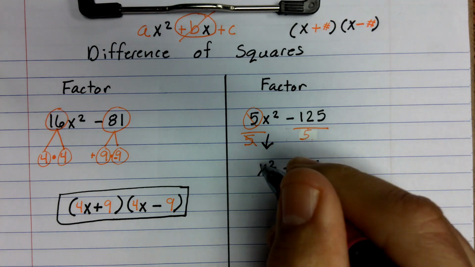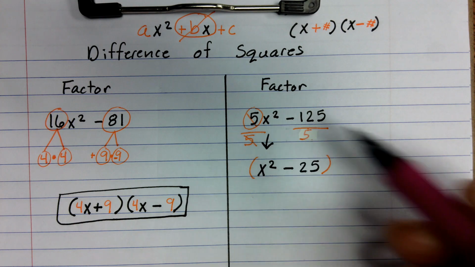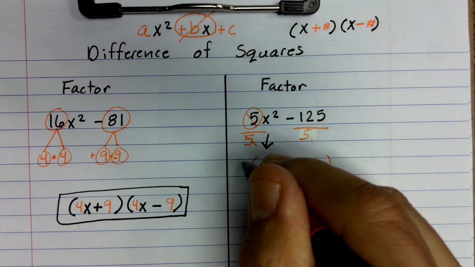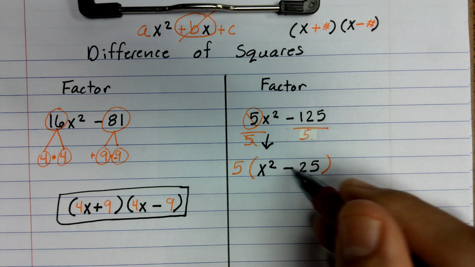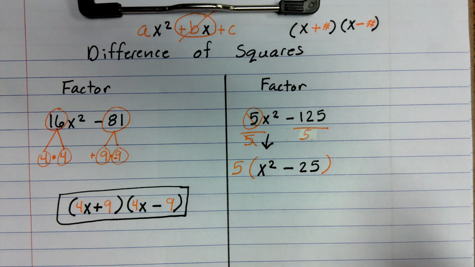Now, what I have to remember is that we just factored out a 5. In other words, I just divided 5 out of both terms. So we can't forget about it. We have a value of 5, and so we're just going to write it outside of these parentheses that I just put around x squared minus 25. Since we removed that 5, it makes this very easy for us to continue to factor it.